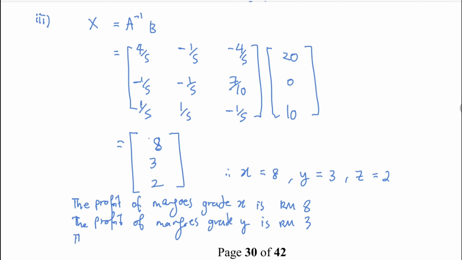And lastly, the profit of mangoes grade Z is RM2. Hence, there is the solution. Do you understand?